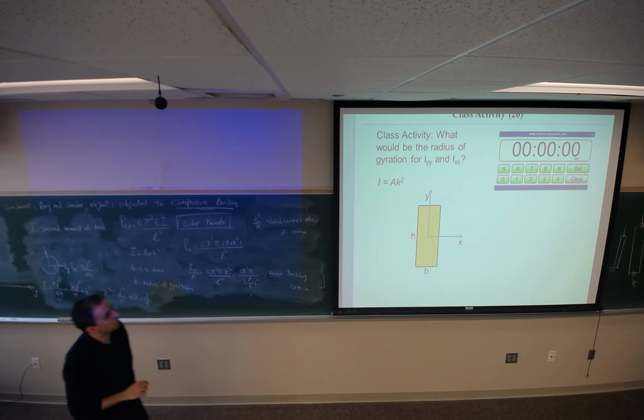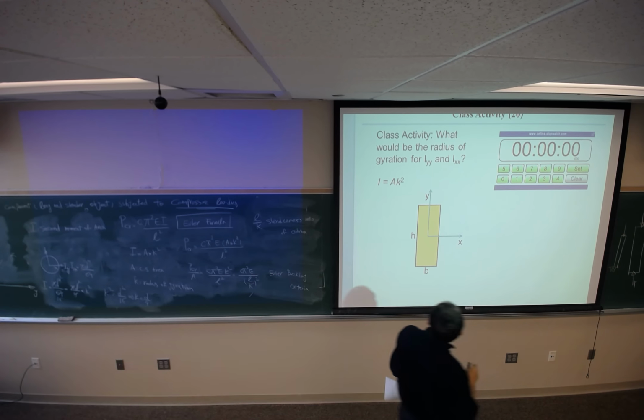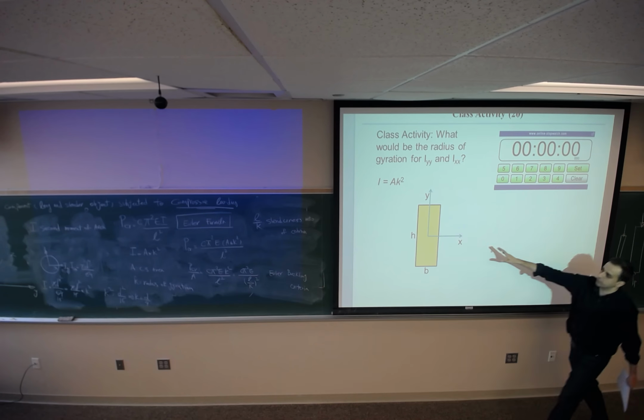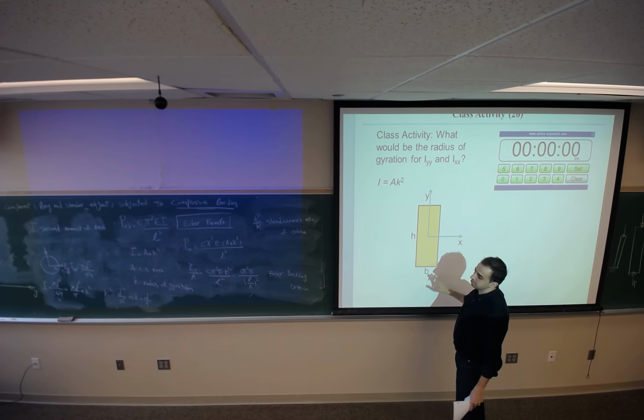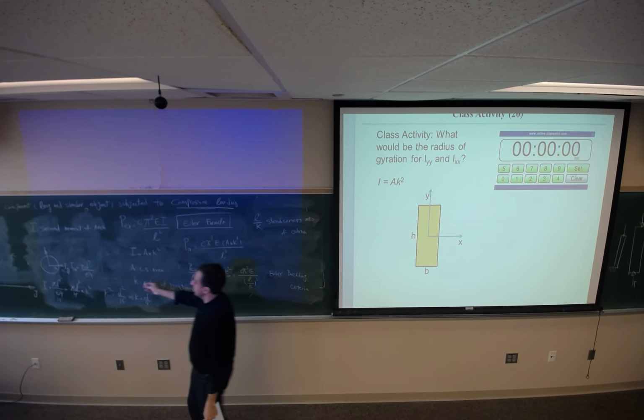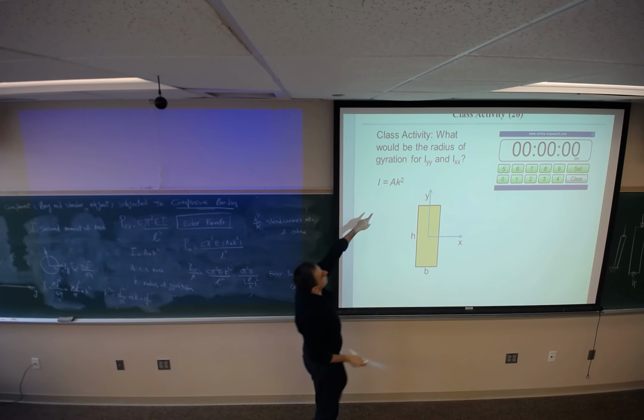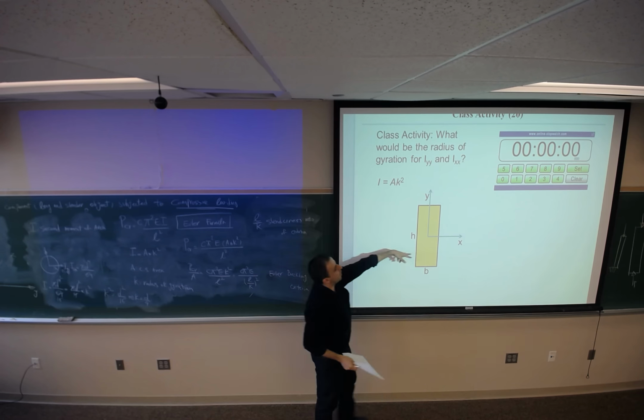Let's do some class activity. For a rectangular cross section, you are going to have different I for X and Y. It's different than a circle. So find the radius of gyration about the Y-axis and about the X-axis.